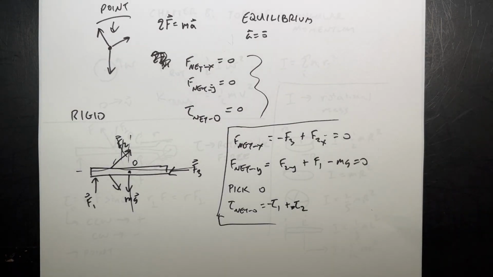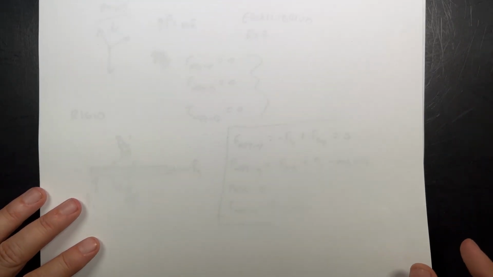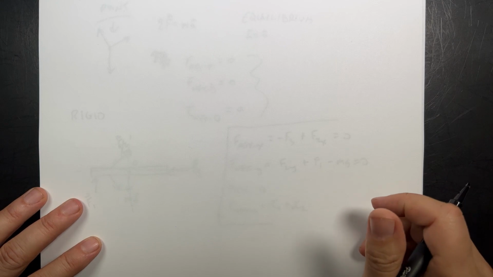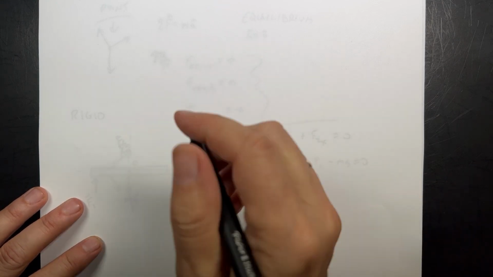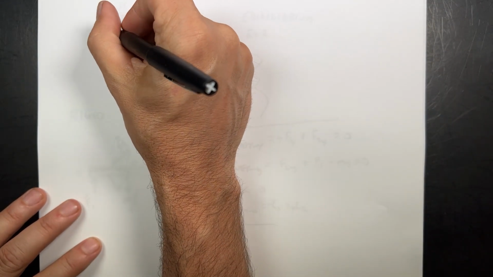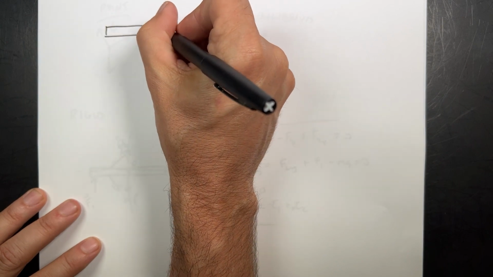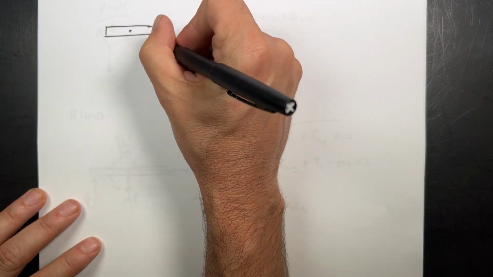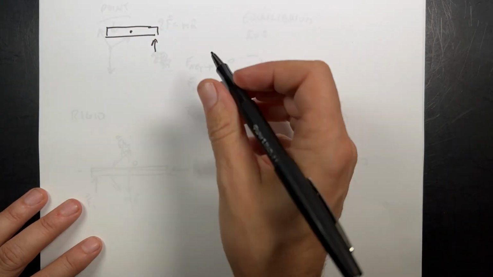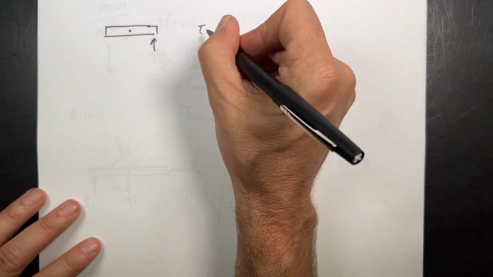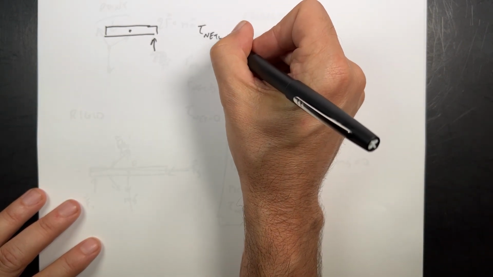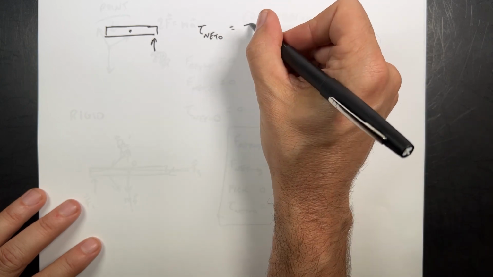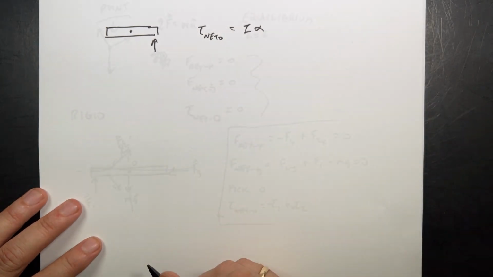Okay, moving right along. Like I told you, this is a big thing. So what if you're not in equilibrium? What if it's not rotationally in equilibrium? Then suppose we have this, and I have some point right there, and I push with a force, and it's not in equilibrium. In that case, I can write torque net about O equals I alpha.